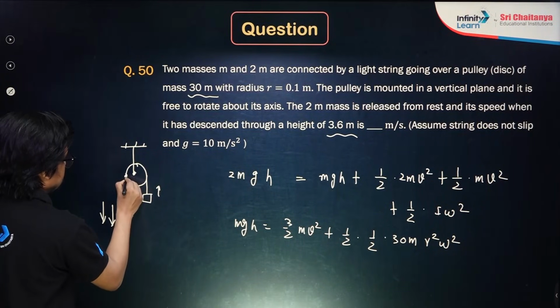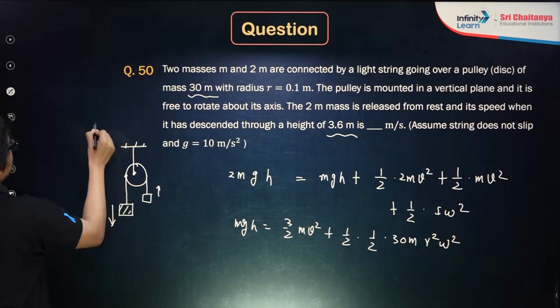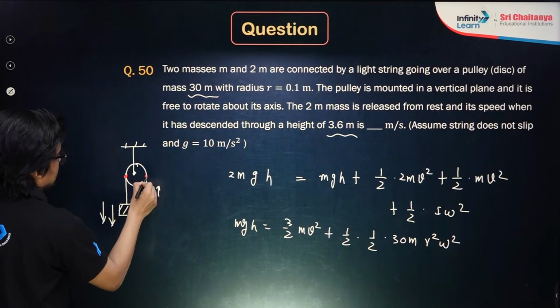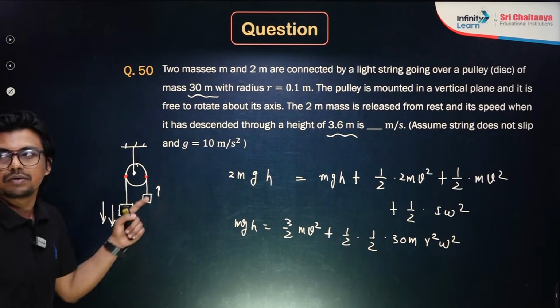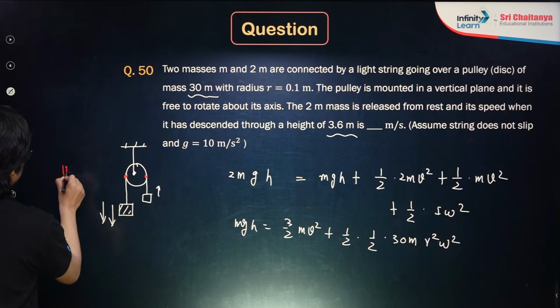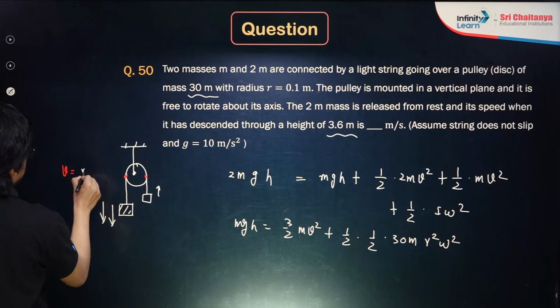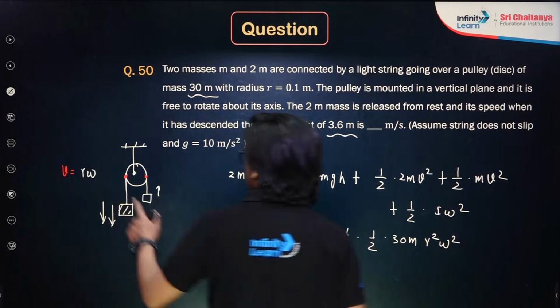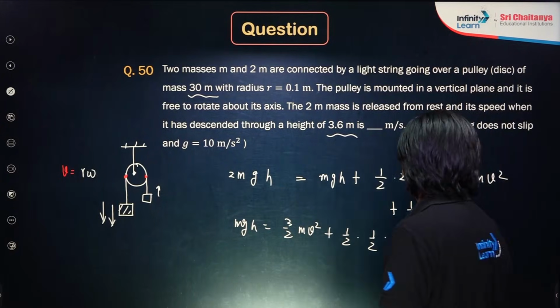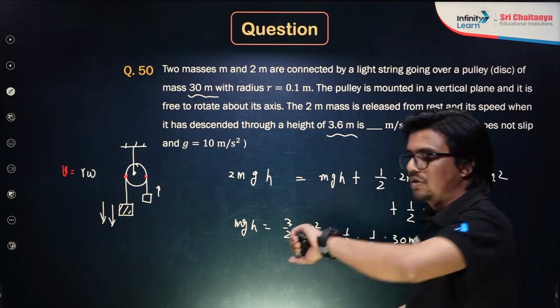So the point of contact is going to have the same velocity, the same speeds. So you can write v is equal to radius into omega, so r omega is v.